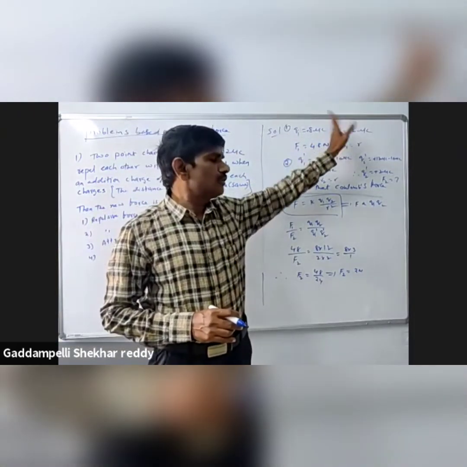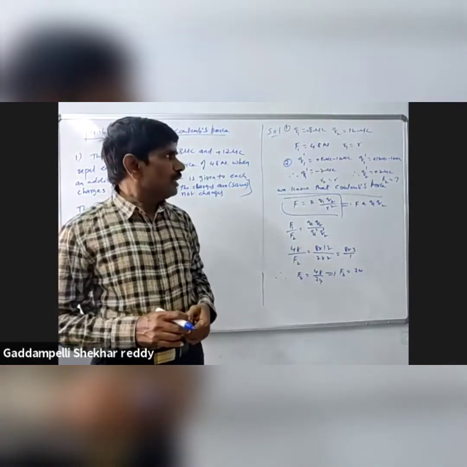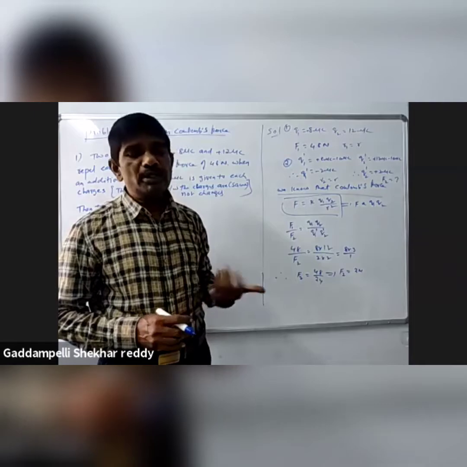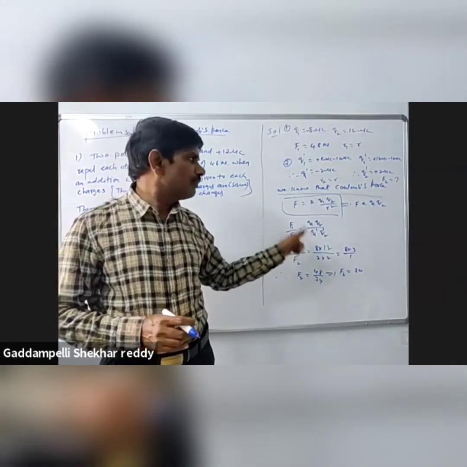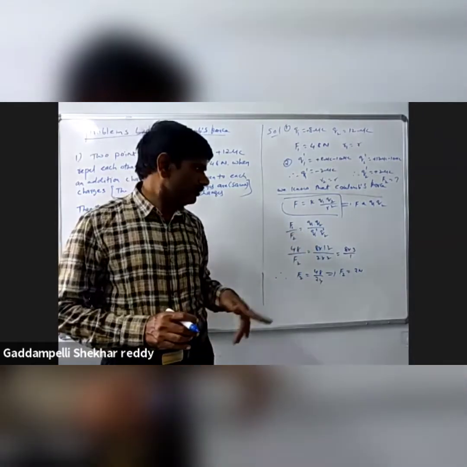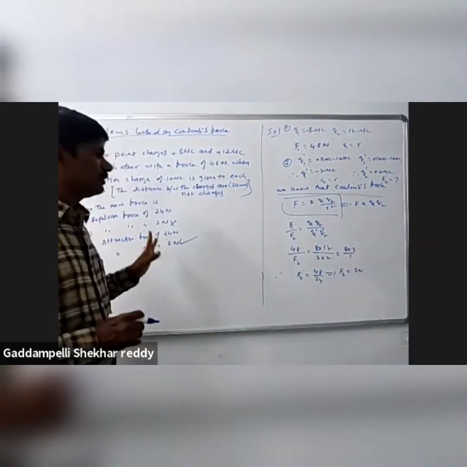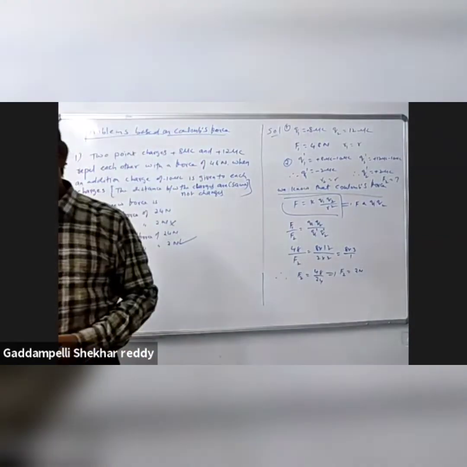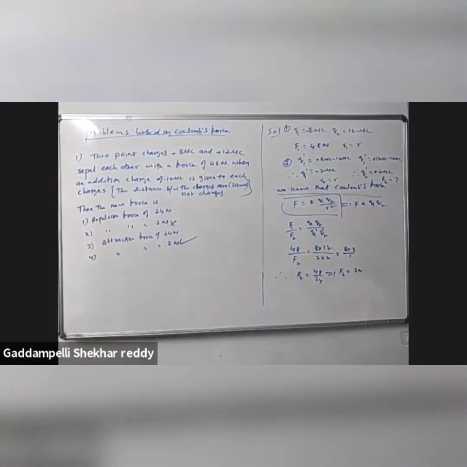Next Q2 dash, plus 12 minus 10, plus 2. After that we get unlike charges. The force between unlike charges is known as attractive. So finally the answer is 2 Newton attractive.